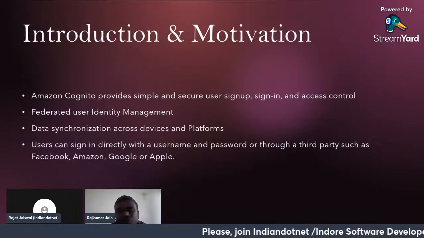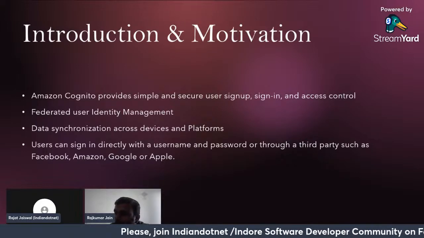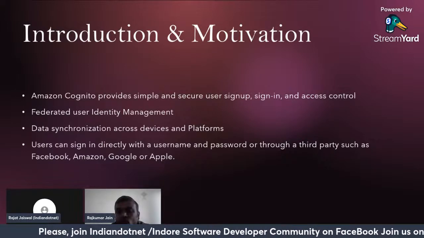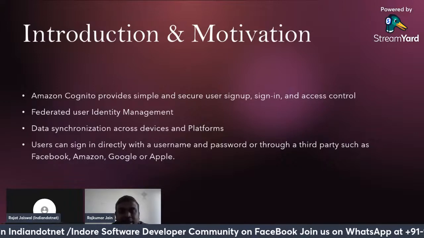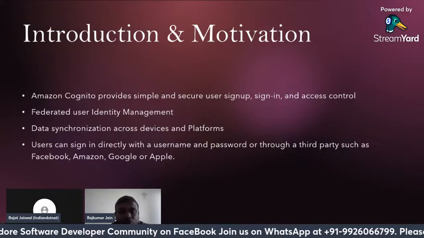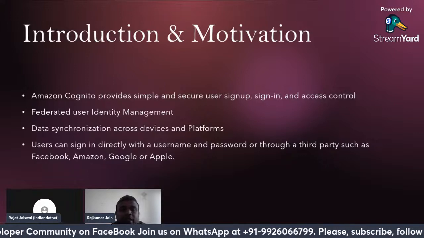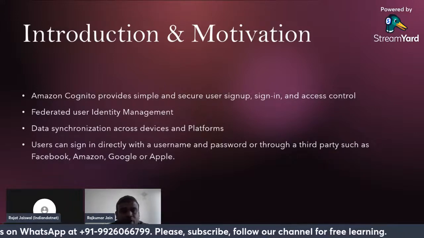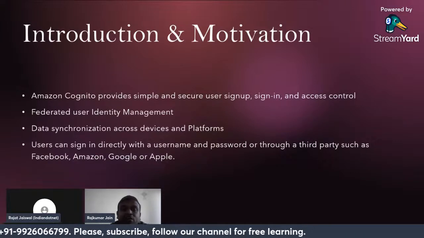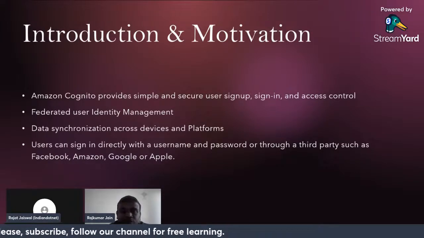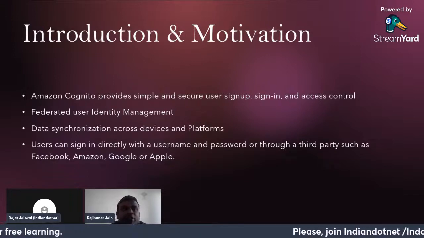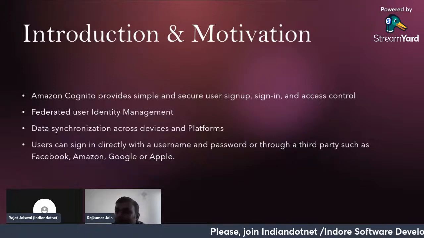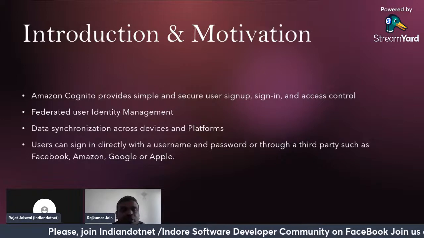For example, if you want to access via Facebook, Google or any other popular applications as identity management, we can implement that also. We can easily synchronize our devices' data with other platforms with the help of AWS Cognito. It means it's not required to save the users' data on your machine. You can use authentication from other applications where they have managed your data.